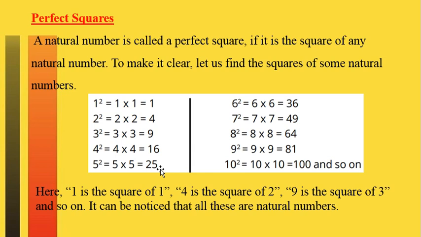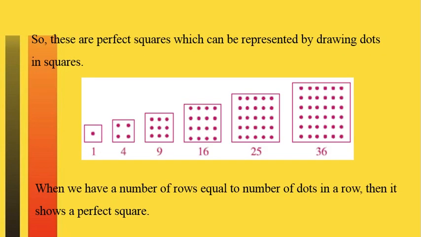Okay, so these are the perfect squares, and we can represent them in the form of dotted squares. You are observing, so it is a square. You are watching in the figure also, and it means the side is 1, all the sides are 1. It means 1 into 1, the length is 1 and the breadth is also 1.